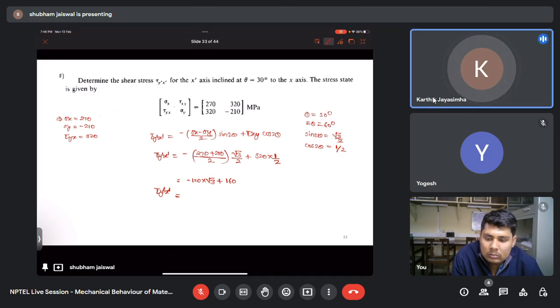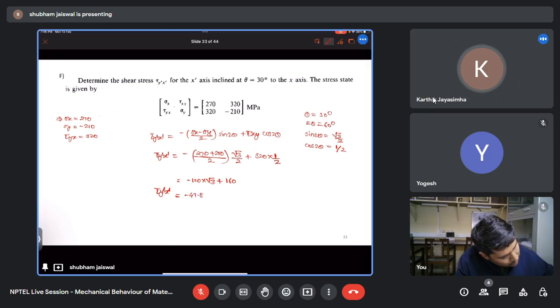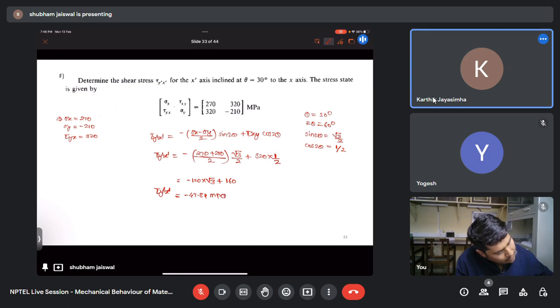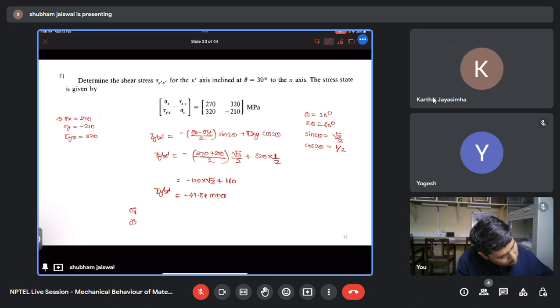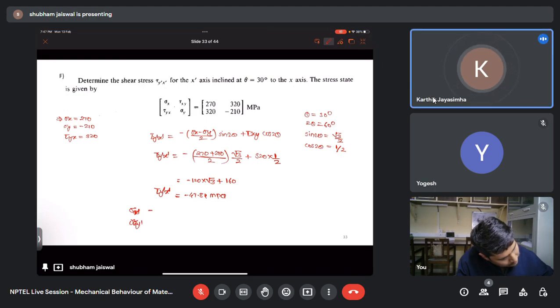Minus 47.84. Also find out sigma x prime and sigma y prime.